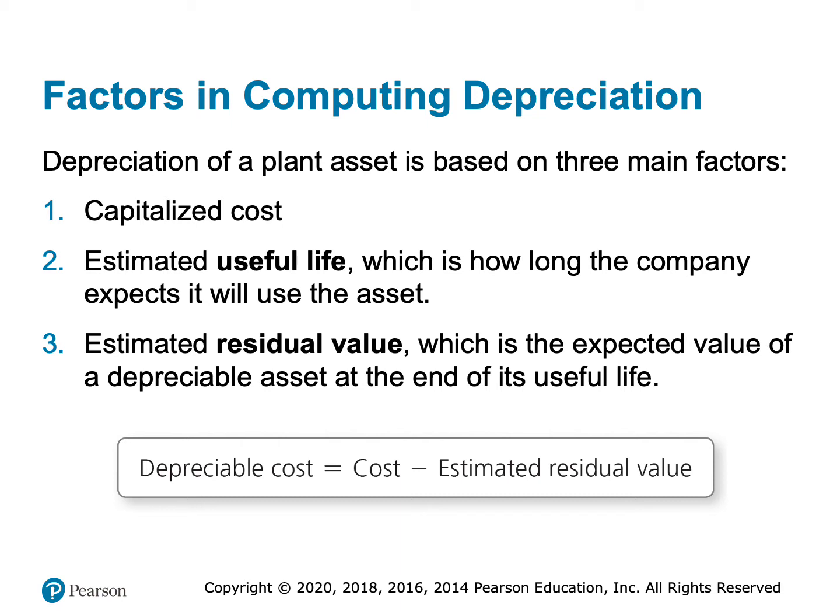So this is a known amount. We know what the capitalized cost is. We also need to know what the useful life is. Now, the useful life is estimated. And the useful life is not how long we expect this asset to last, but how long we intend to use the asset. So in a couple of slides, we're going to start using an example where we've bought a company truck for Smart Touch Learning.